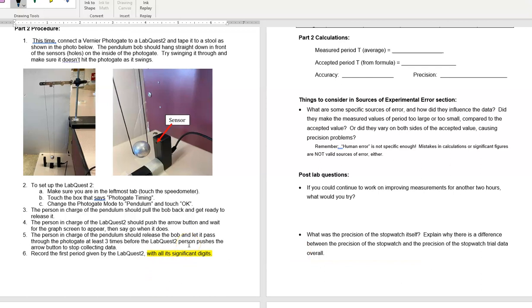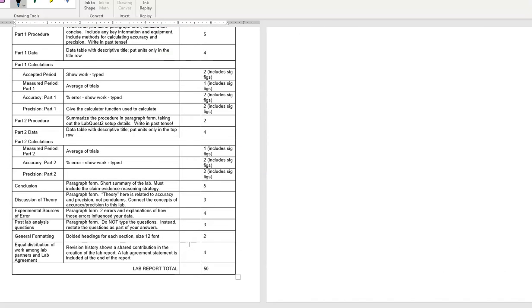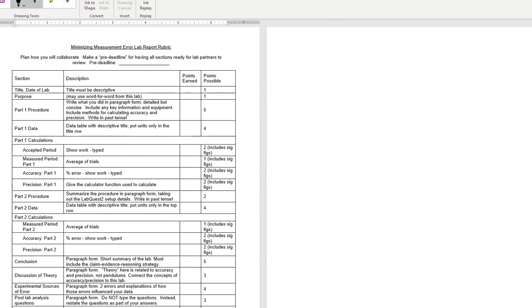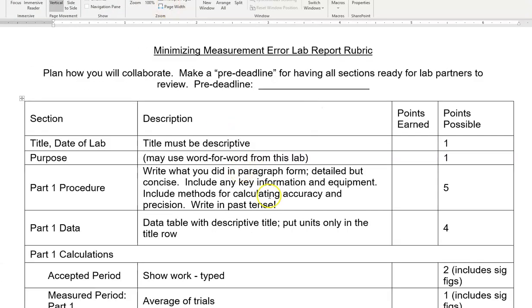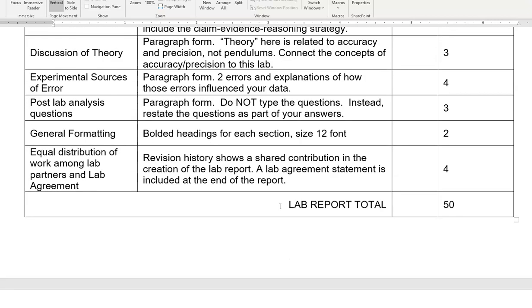Help her with it so that she doesn't get it wrong and then feel bad about it later. The biggest mistake I would say that people make is they don't read the little reminders in this rubric. The reason I put them there is they're the most common things that people get wrong. So please read them.